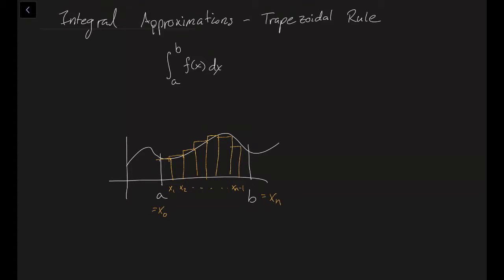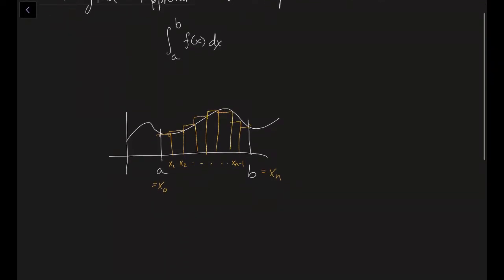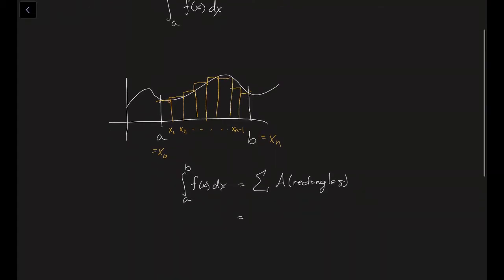And we would see what the value of the sum of these rectangle areas are. So we know that the integral of f of x dx from a to b is approximately the sum of the areas of the rectangles, right?